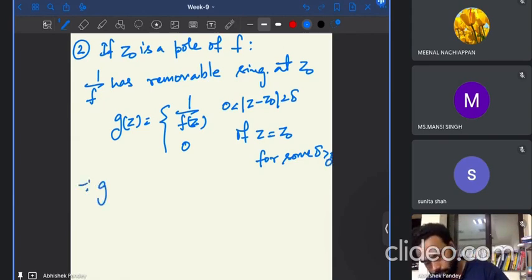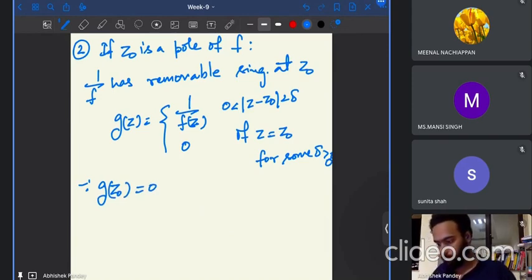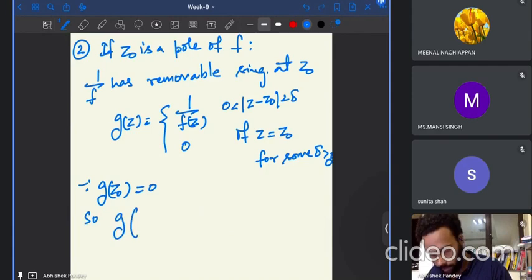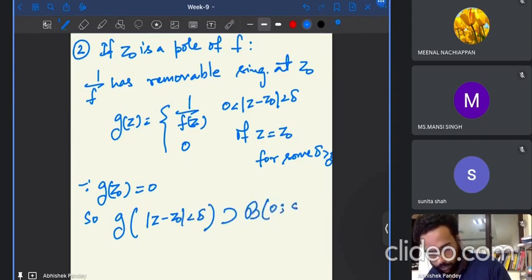Since g of z naught is basically 0, if you take the neighborhood mod of z minus z naught less than delta, the image of g will contain a ball centered at 0, isn't it? This is from the open mapping theorem.